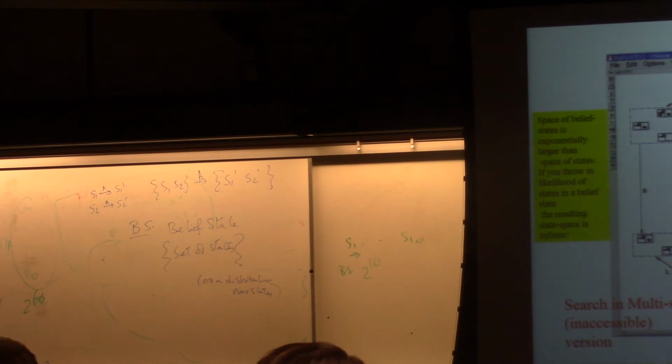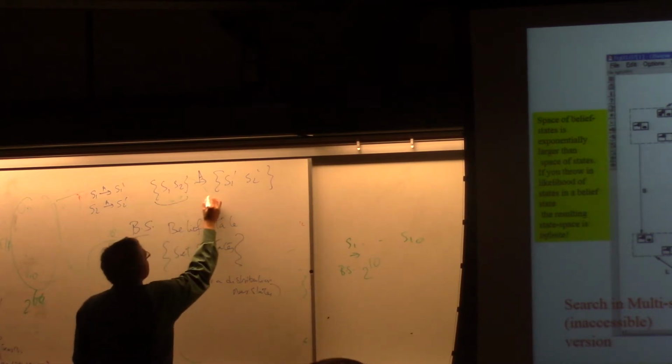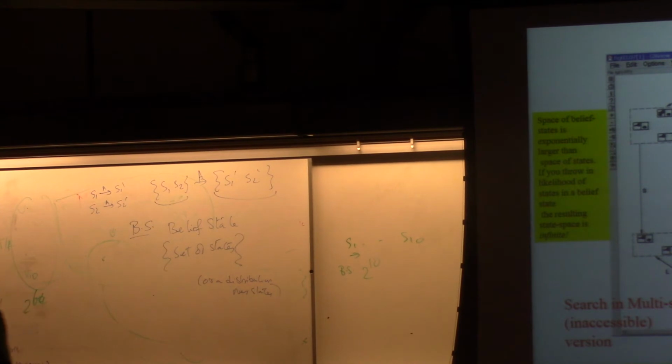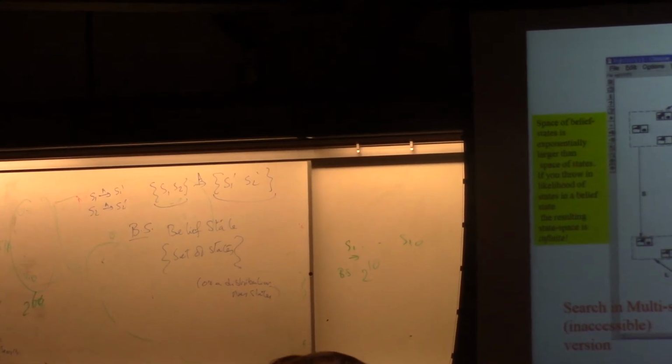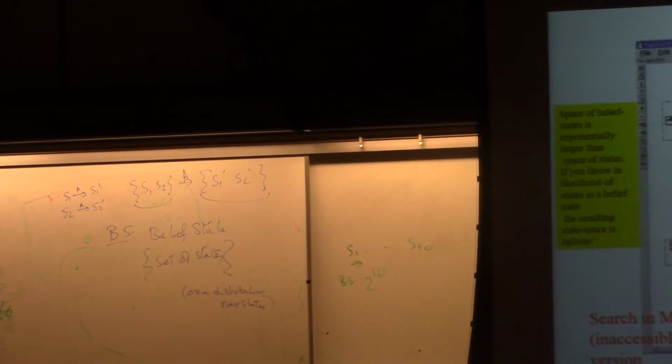Okay, now the interesting thing is from here to here, the cardinality of the belief state, the size of the belief state, didn't change. It doesn't have to be that way all the time.